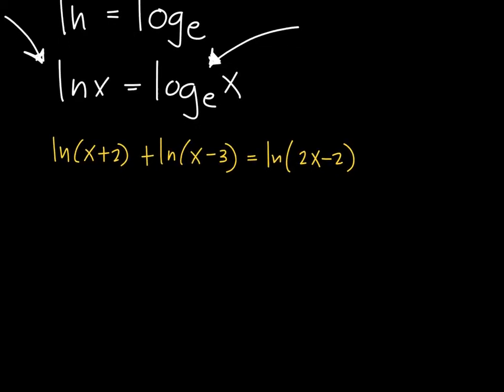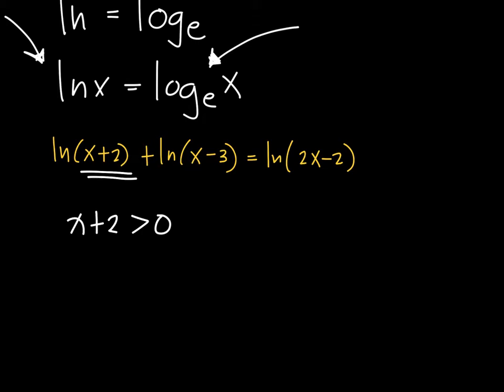Just like simple logarithmic equations, we have to take note first of the domain, which is very important because that will already remove any possible answer. As we can see, we have x plus 2. We should know that x plus 2 should be a positive value.